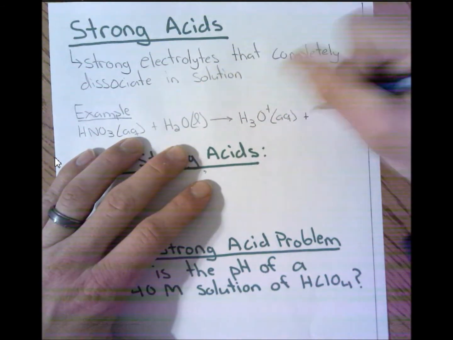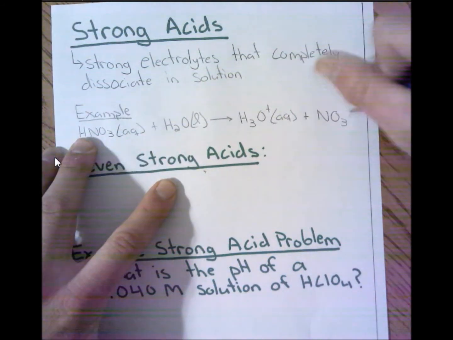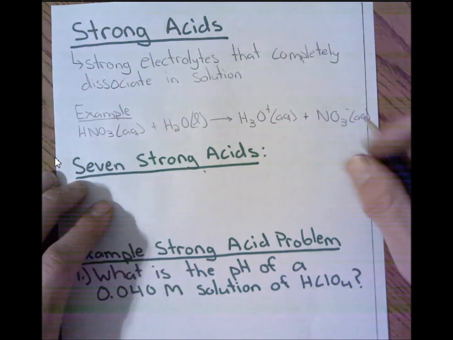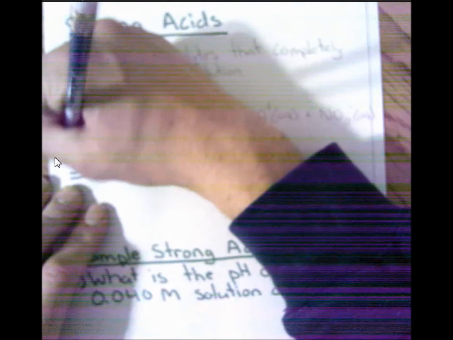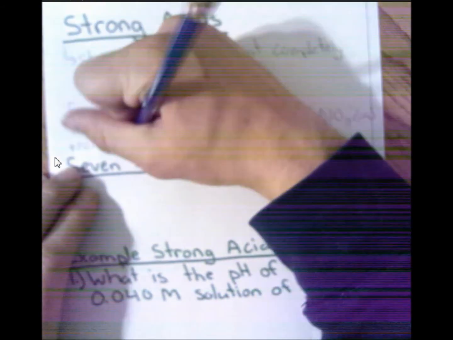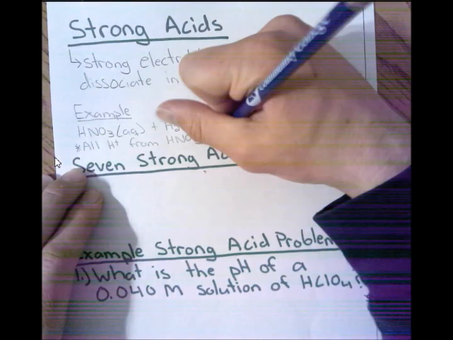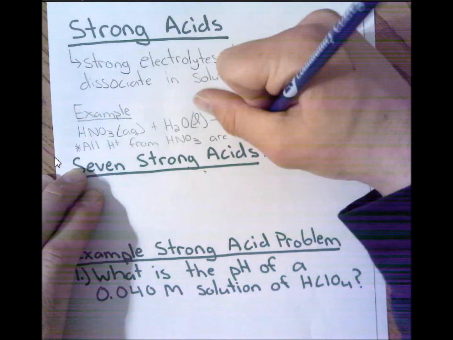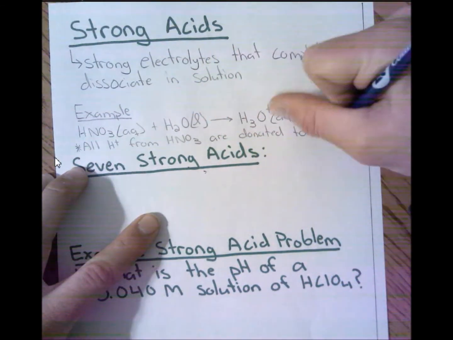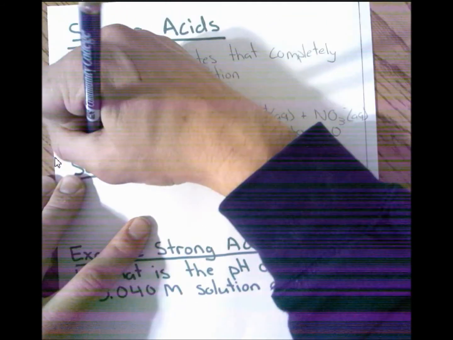So in detail here, all H pluses from HNO3 are donated to H2O. The keyword "all" is saying this is a complete dissociation. All of this breaks apart and that H plus is donated to H2O.